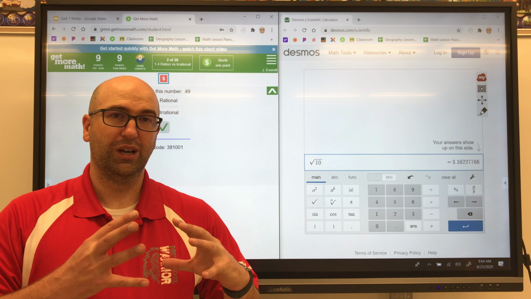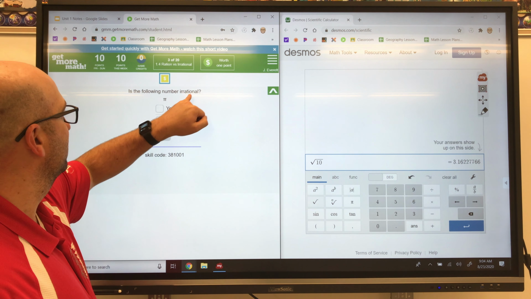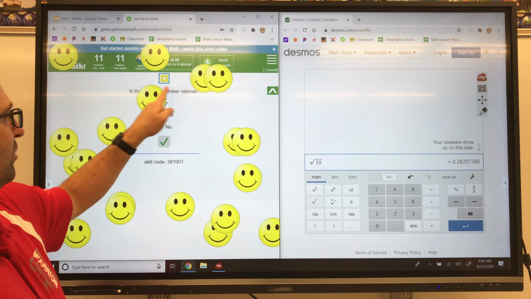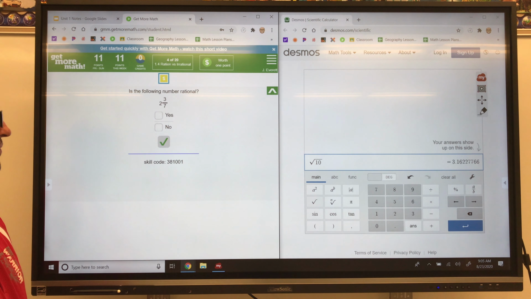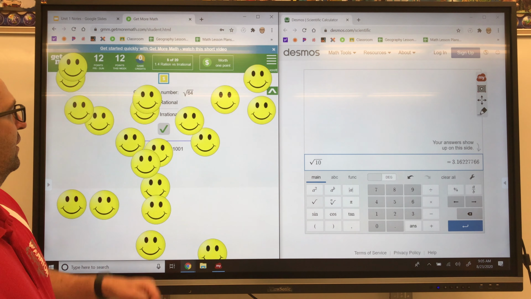That's pi. And we already said pi is irrational. So is the following number irrational? Yes, it is. Make sure you're reading whether it's asking for rational or irrational. Mixed number. Mixed number, we said, is rational. So is it rational? Yes.